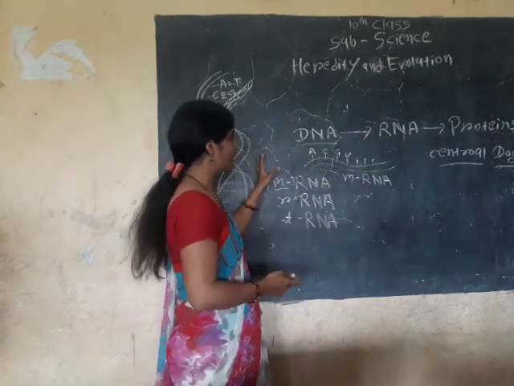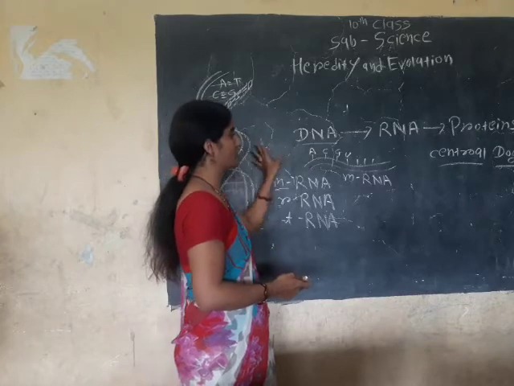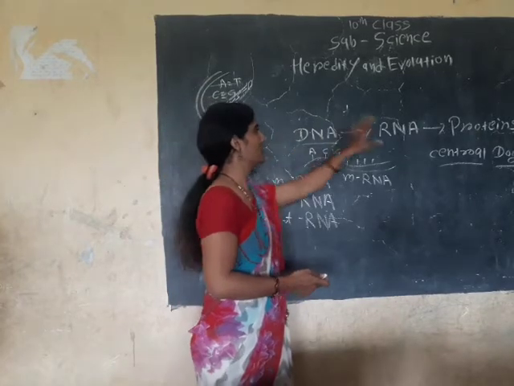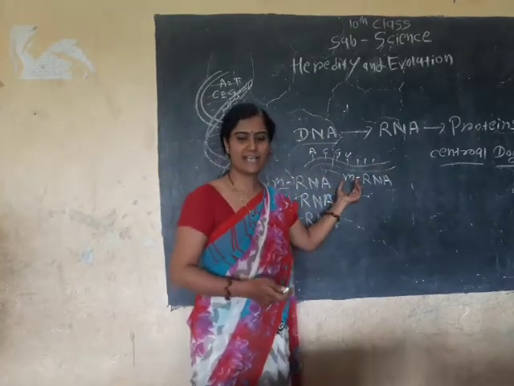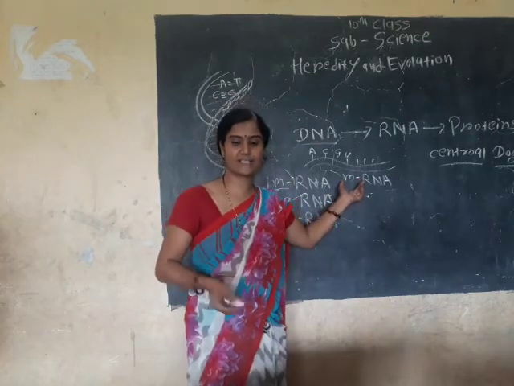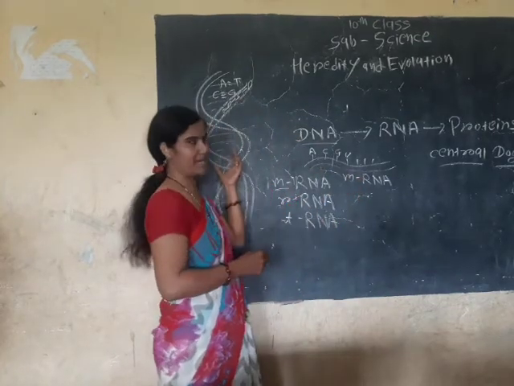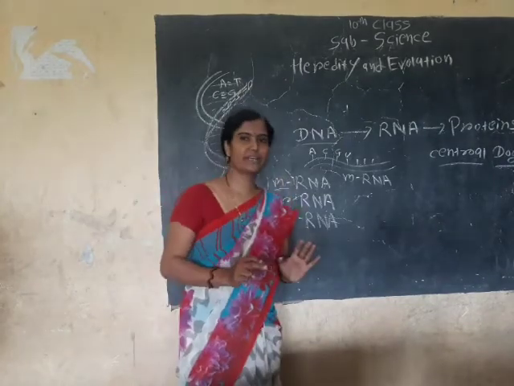That means the process of transfer of information from DNA to RNA is known as transcription. The process of RNA synthesis from DNA is called transcription. You know very well transcription.